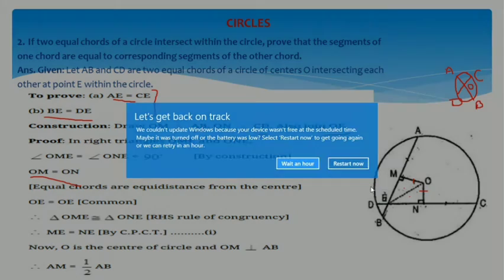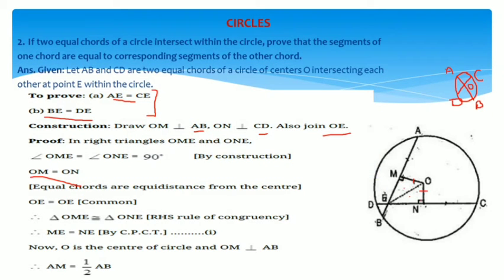Besides this, we see that angle N will be equal to angle M, because by construction these are 90 degrees, and OE is common to both triangles. Now we can say these two triangles OME and ONE are congruent by which criteria?